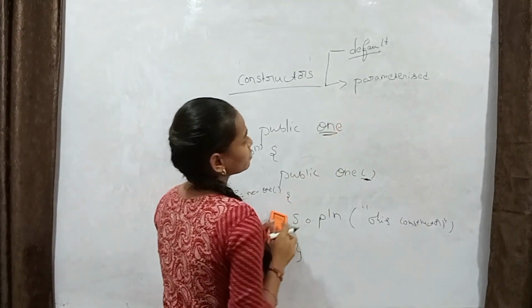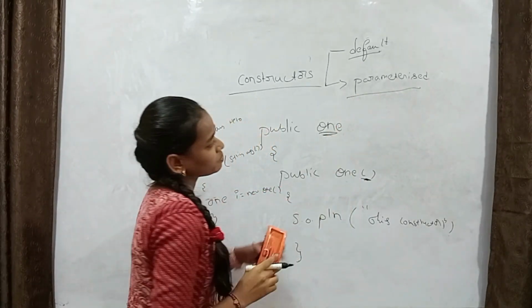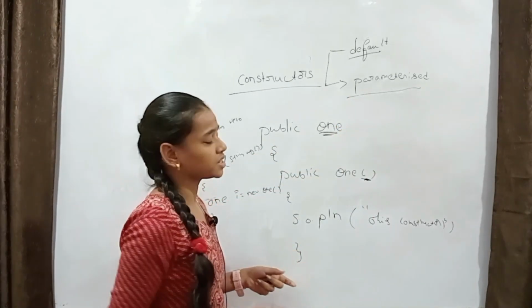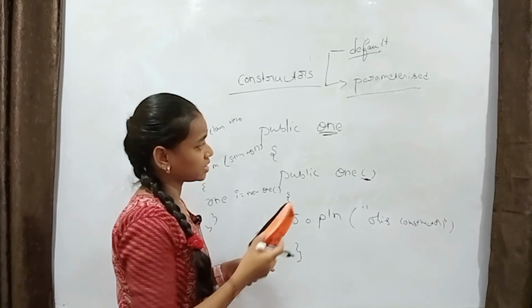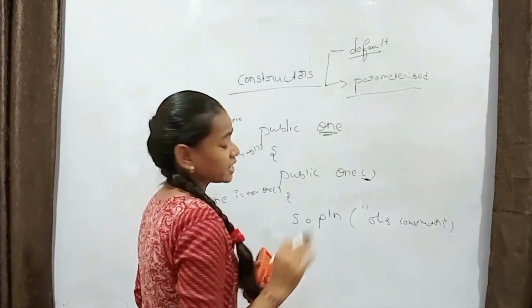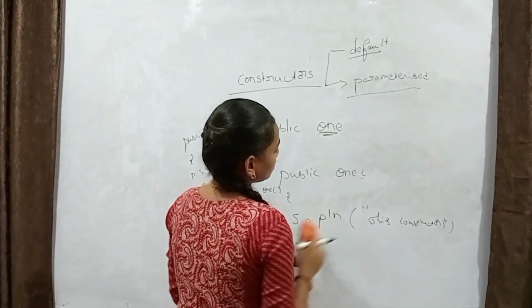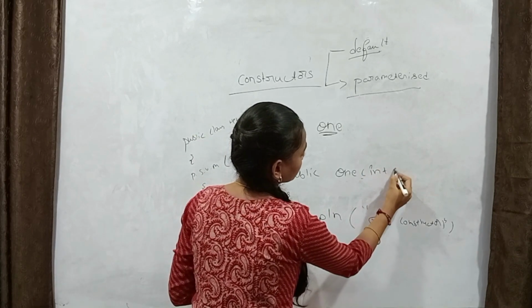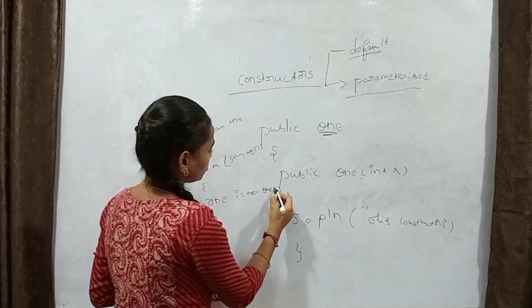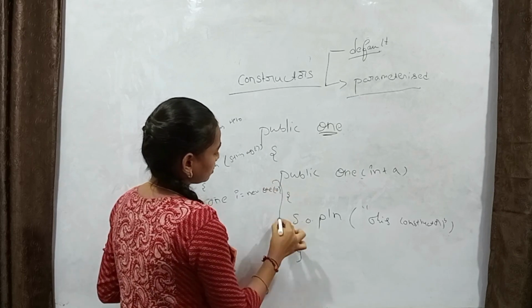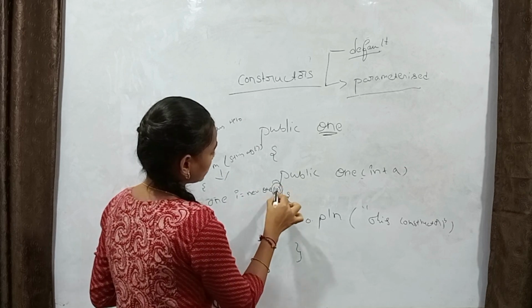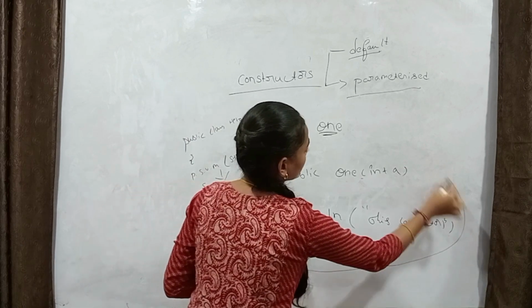Whereas the other one is the parameterized constructor. A constructor which has a specific number of parameters is called a parameterized constructor. For example, if I take a parameter like int a and I pass the value 10, when JVM enters this main class, it will pass the value 10 to this a.